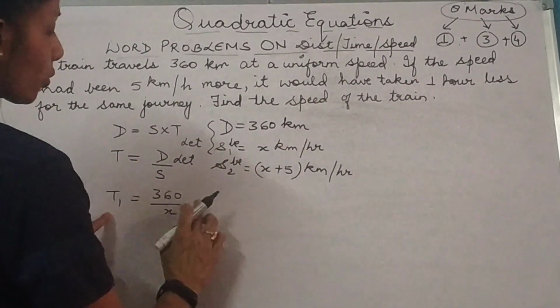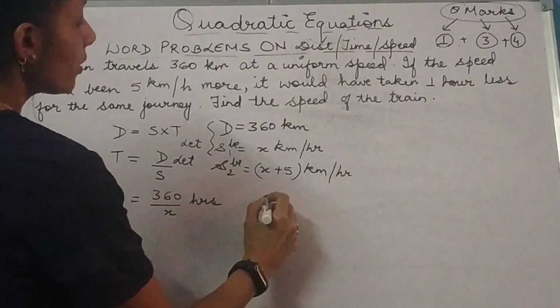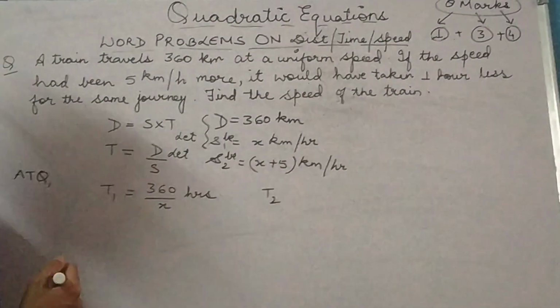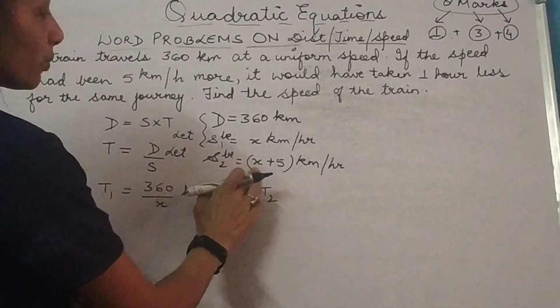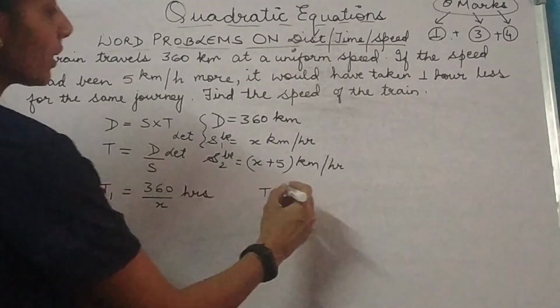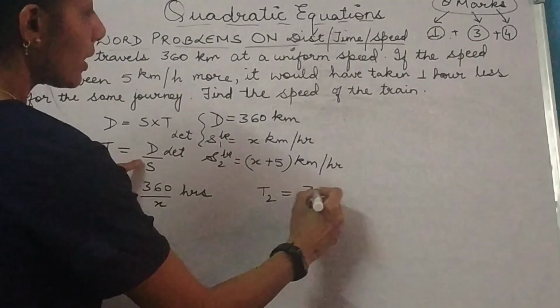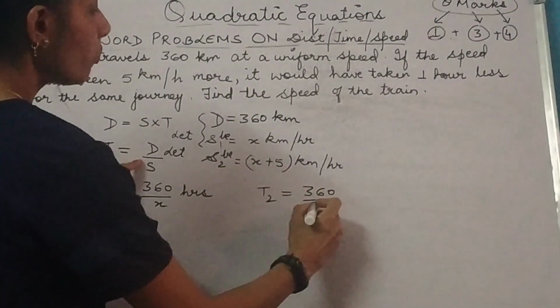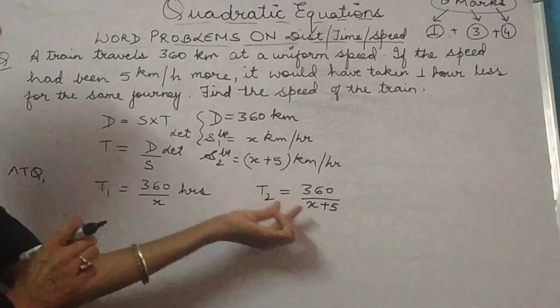This is time, so this will be in hours. Now we will talk about time 2. That means when your speed has changed to x plus 5, then of course I will be applying this formula. So distance is the same 360, but now your speed is x plus 5. So we have got time 1 and time 2.